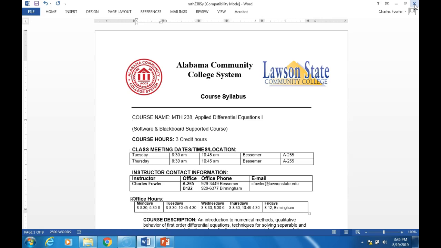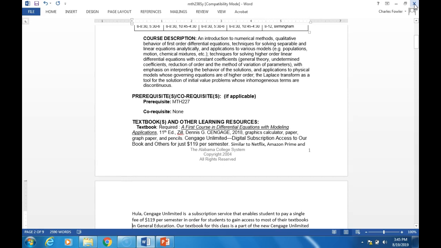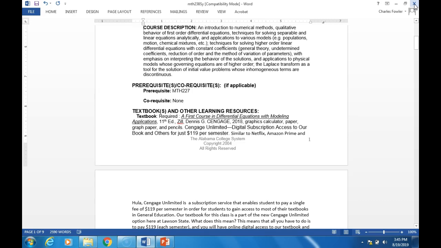Okay, let's talk about course description. This is not something that I came up with or anyone else here at the college did. It's something that was developed by a joint committee made up of the 2-year college system and the public 4-year college systems. Now notice here we are out of time.